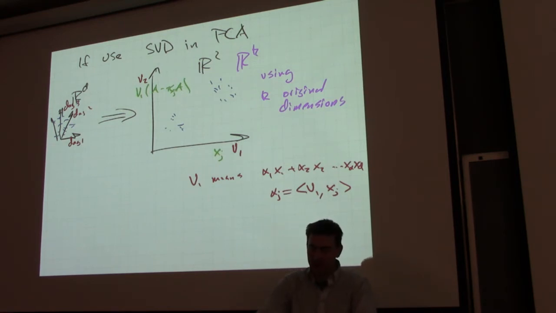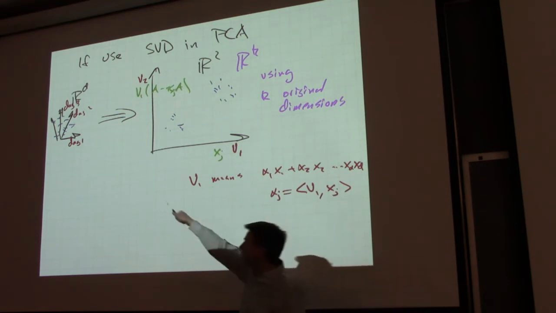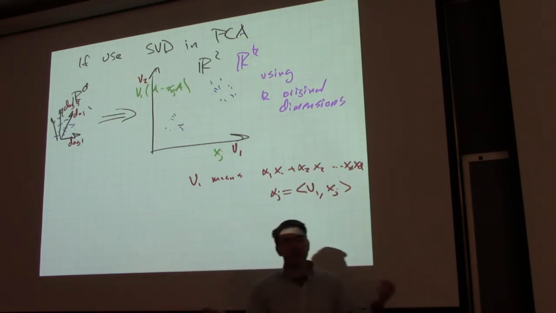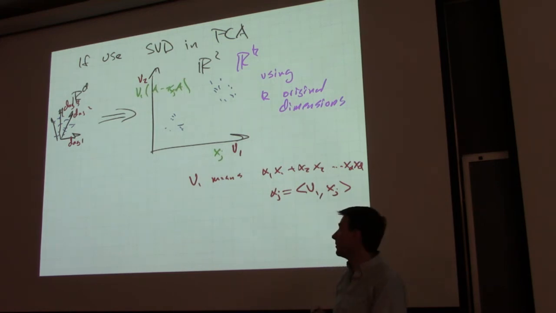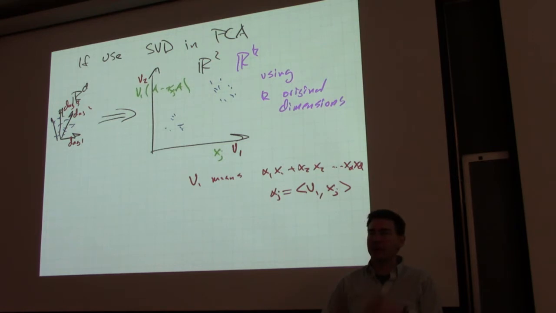We pick the one coordinate in the original space that has the most variation alignment. Then, as in orthogonal matching pursuit, we factor out that variation and pick the next most informative direction.